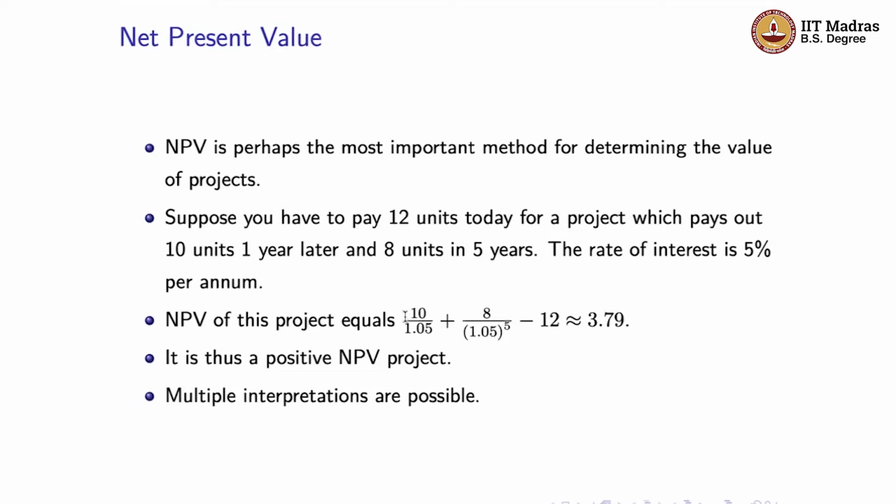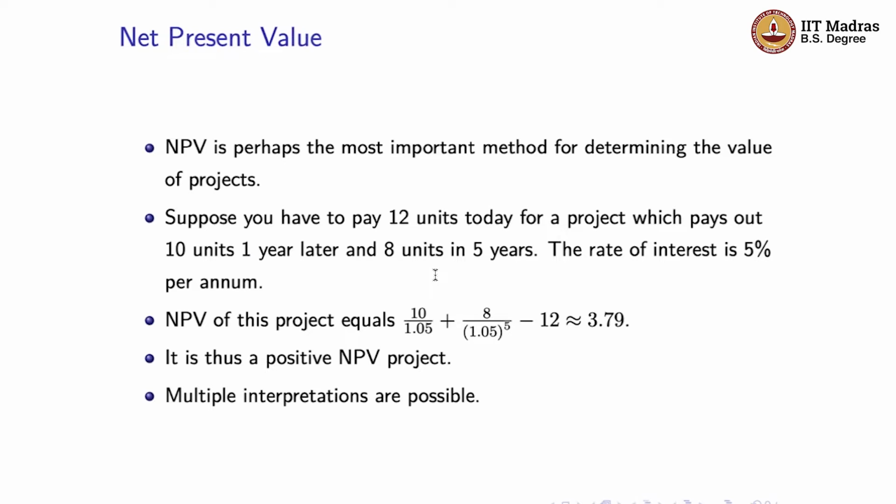And the sum of these first two terms is basically the present value of all the future cash flows. From this, you need to subtract the cost upfront today, so minus 12. And now if you do the calculation, this is approximately 3.79, right? So this is basically saying that this project that you have is a positive NPV project. And as we'll see later, this would imply that this is a project that one should indeed take up, right?